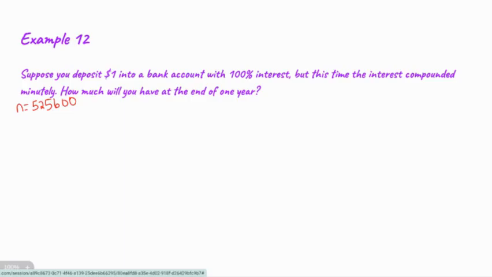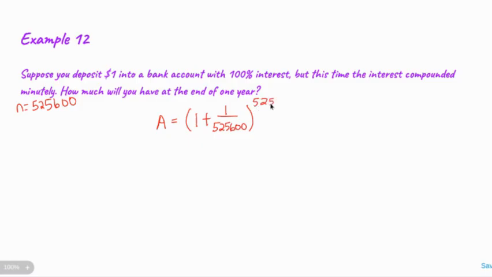And then finally, we'll compound it minutely, which is not in here for any reason other than I wanted to use the word minutely, which probably isn't a word at all. But setting up the problem, that'd be 1 plus 1 divided by 525,600 to the power of 525,600.